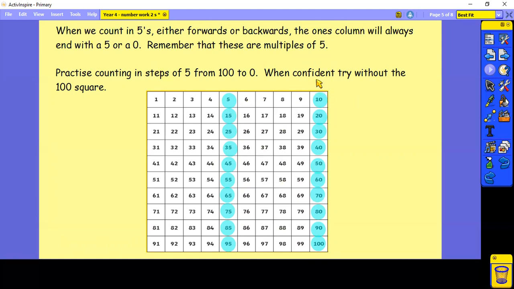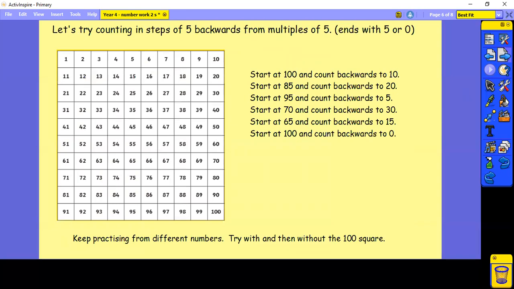Now remember that counting backwards is always trickier than counting forwards. So make sure you really practice this so that you are confident. And then when you feel confident, try without the 100 square.